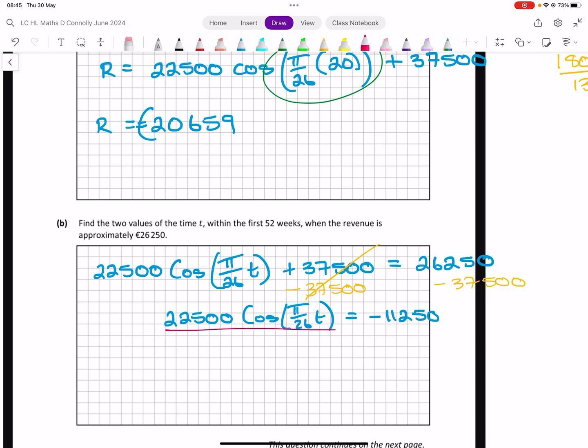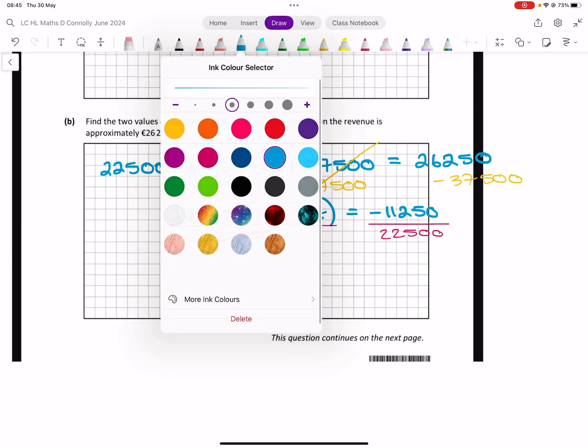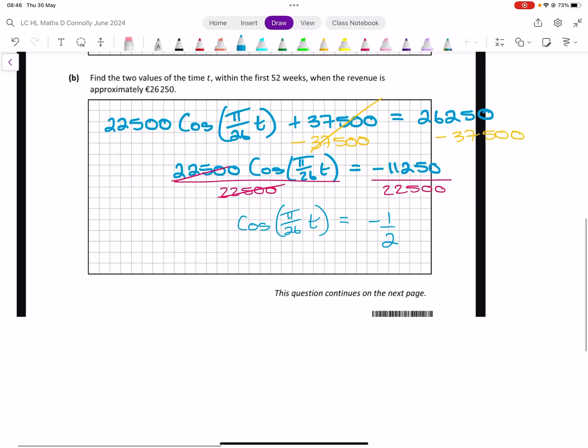Then I'm going to divide by 22,500 on both sides. So cos of pi over 26t equals minus a half.